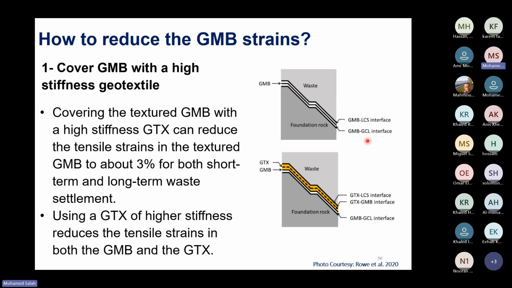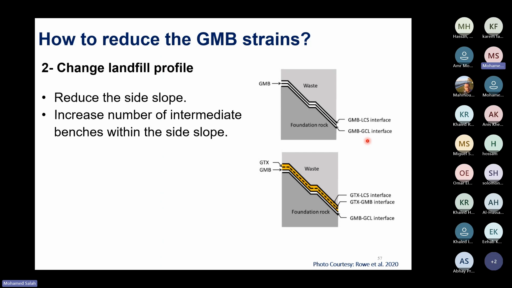It was found that a geotextile stiffness of about 4,000 kilonewton per meter succeeded to decrease the strains in the geomembrane from 10% to 2.3% in the short term and from 15.5% to 3.2% in the long term, using geotextile stiffness that ranges between 4,000 to 10,000 kilonewton per meter. So this is a high stiffness geotextile, and this can be the first solution to decrease the strains in the geomembrane.